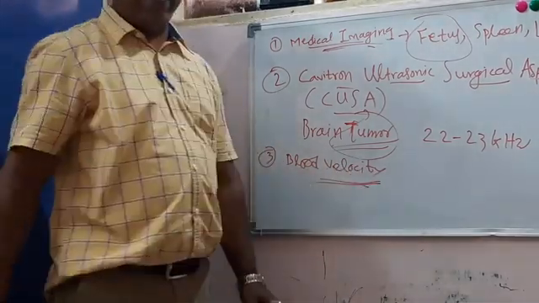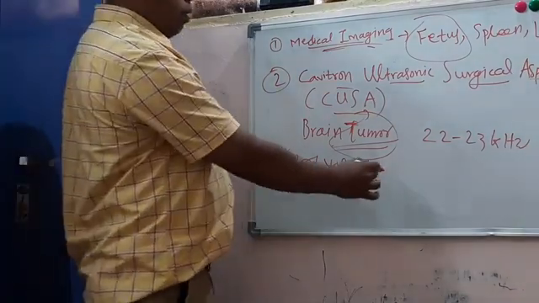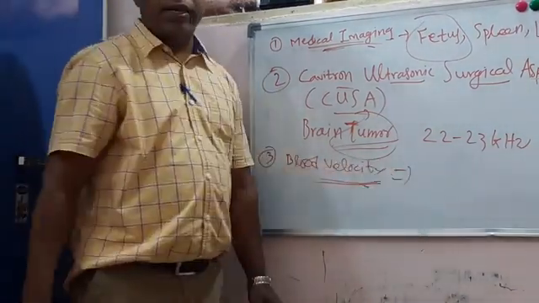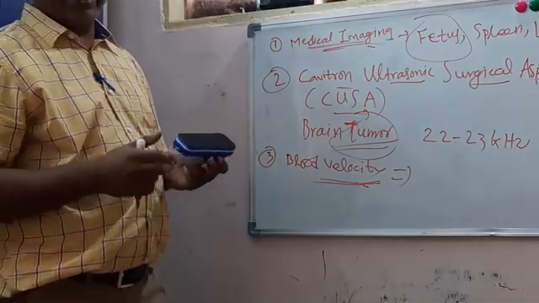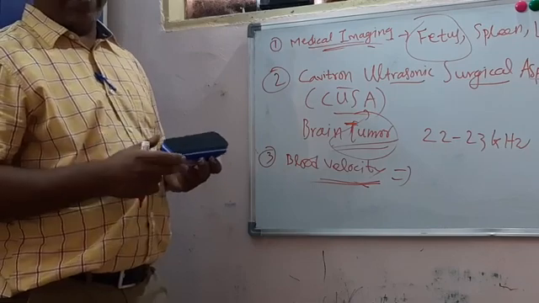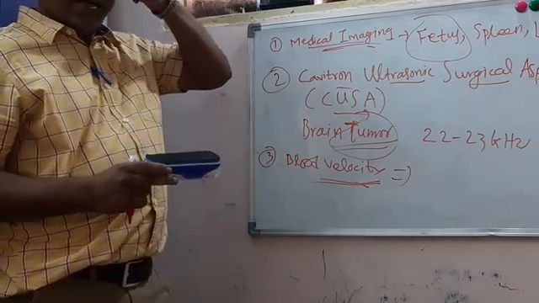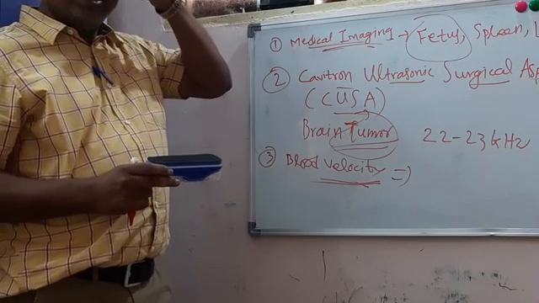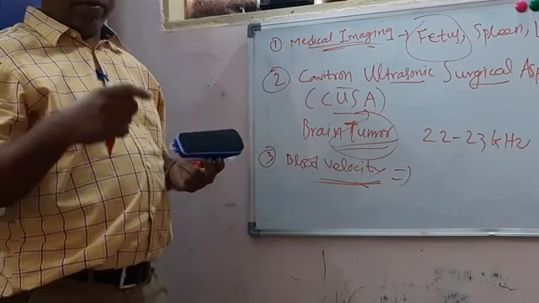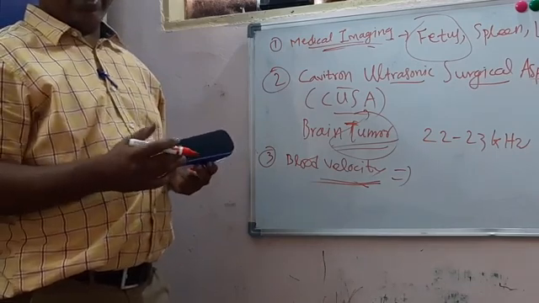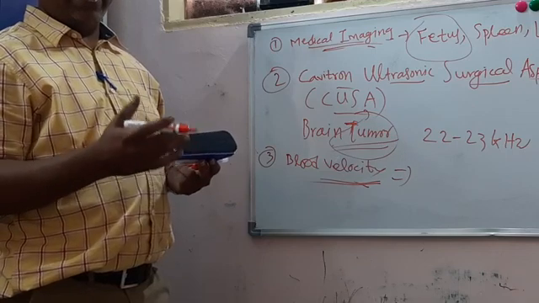In a similar fashion, a traffic police officer can use ultrasonic sound to determine the speed of a fast moving vehicle, by sending ultrasonic sound and collecting the difference of ultrasonic frequency received.